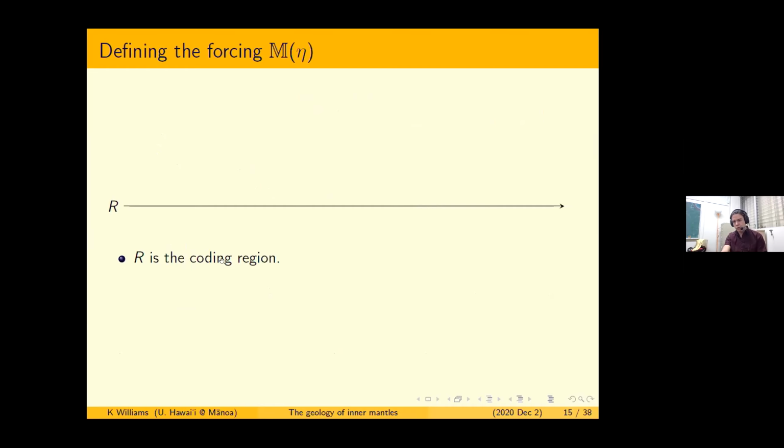Let's fix our coding region. It's appropriately defined, so it's spaced out and definable in the extension, et cetera. That's not the interesting part. It's going to look a lot like a normal iteration, like we did back in the forcing V equals M in the extension. So what does the condition look like?